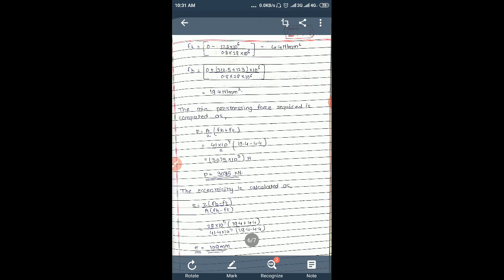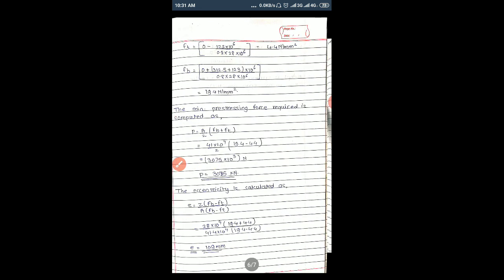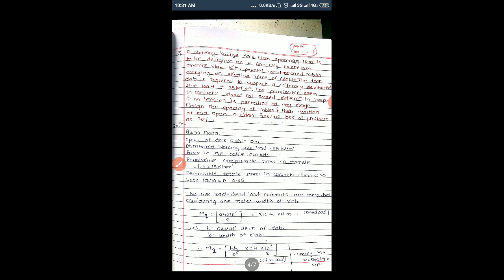Now we have to calculate the spacing of cables. In the final step, we have to design the spacing of cables and their position at the midspan section.